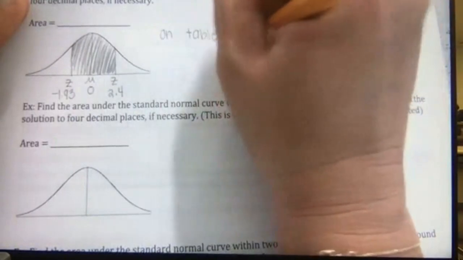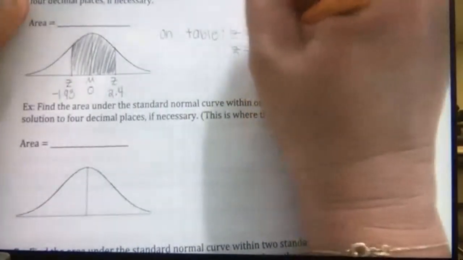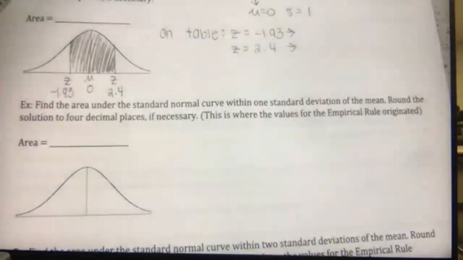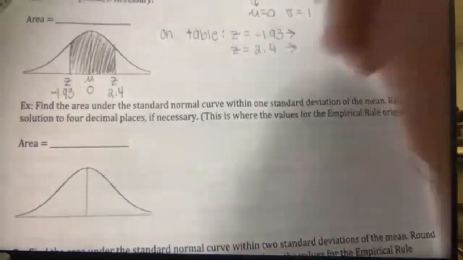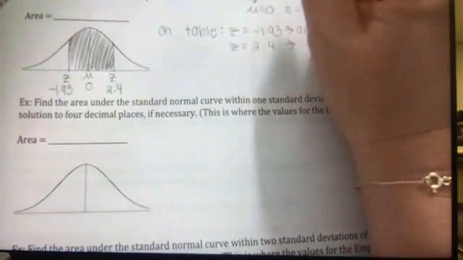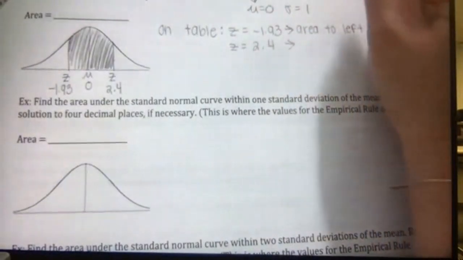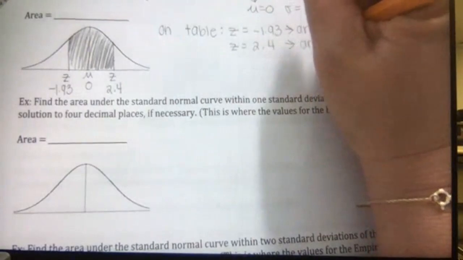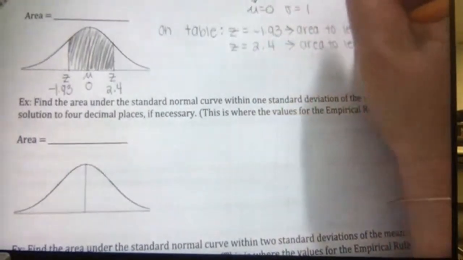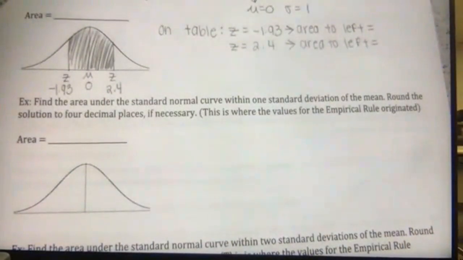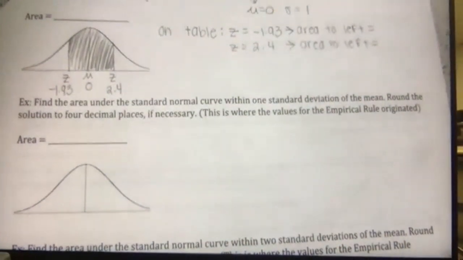And when z is positive 2.4, what's our answer? Remember, this answer is going to tell us the area to the left. The table is going to tell us our area to the left. So I'll give you a minute, and then I'll go to the table.